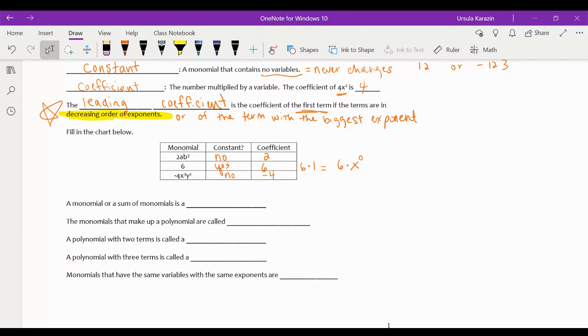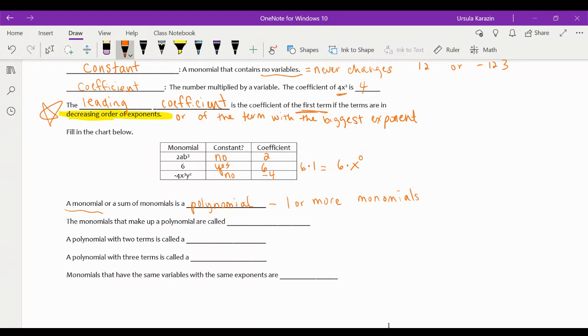All right, now a monomial or a sum of monomials is a polynomial. Now notice, you all have learned, I'm sure, that poly means many, right? So you think, oh, it's got to be a lot of monomials together, but it doesn't. It could just be one. So it's either one or more monomials.